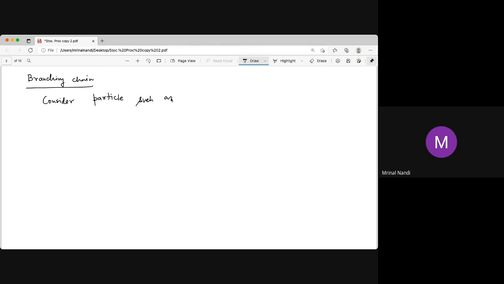Particles such as a neutron, or a bacterium, or maybe some gene, or some colony, some rabbit or whatever, that generate new particles.